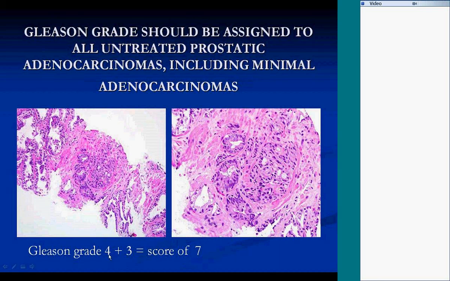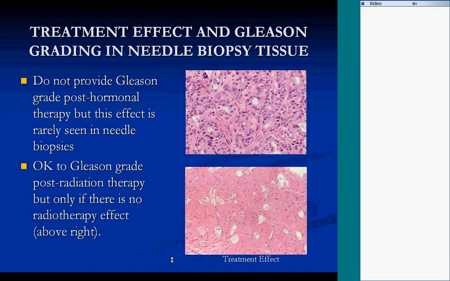So, although it's close as to which is predominant here, the way to grade this would be the predominant Gleason pattern 4 plus the secondary Gleason pattern 3, arriving at a score or sum of 7.